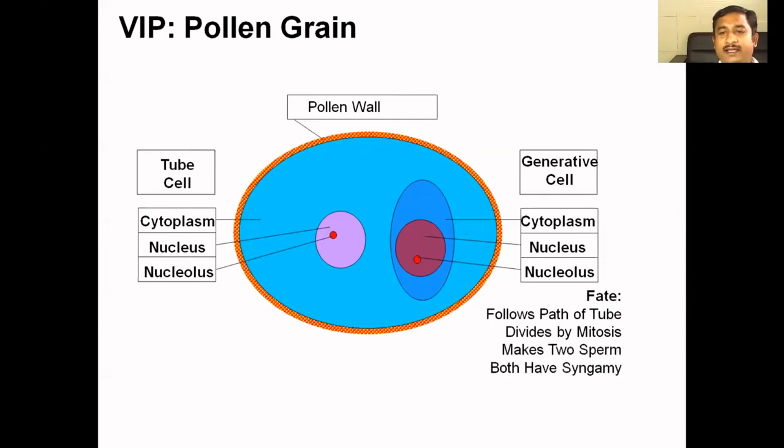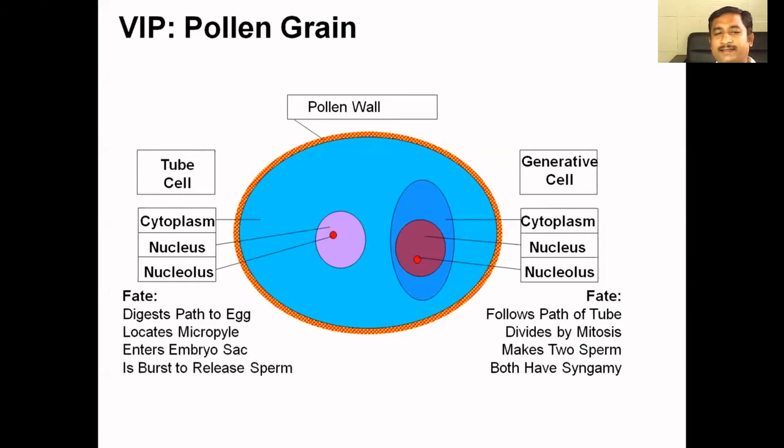And then the generative cell divides and makes the two sperm cells, both having syngamy. It digests a path to the egg, locates the micropyle, enters the embryo sac, and it bursts to release the sperm.